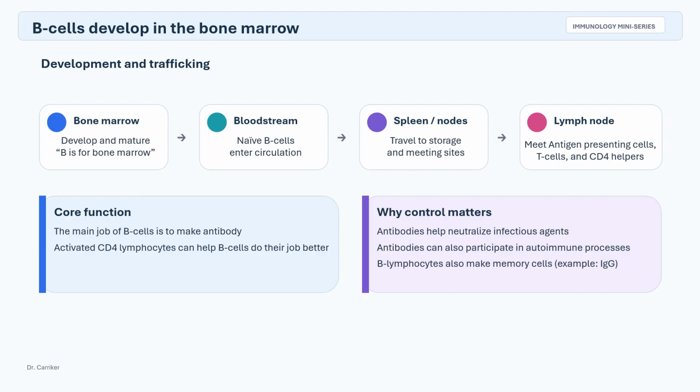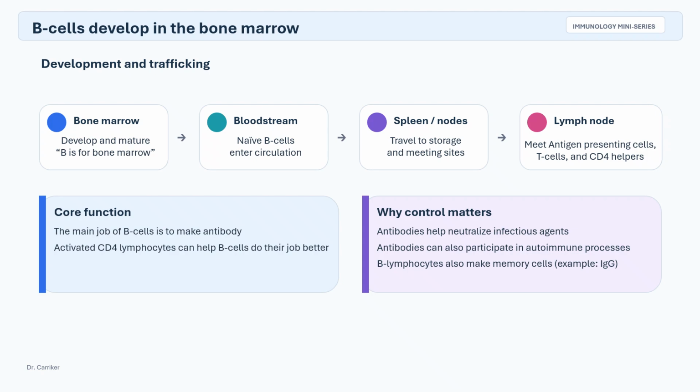So in the lymph nodes, B cells interact with antigen-presenting cells, APCs, and with activated CD4 cells, which we're going to discuss in greater detail later on. These can help them perform more effectively.